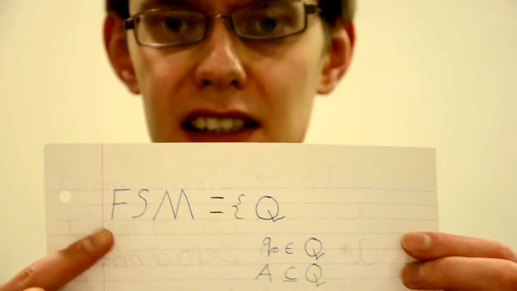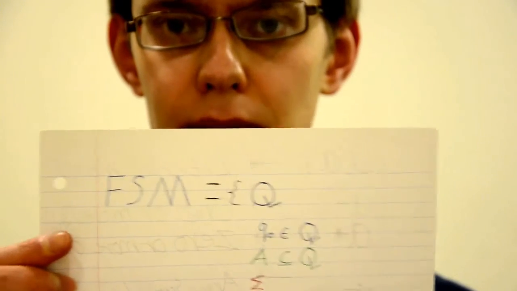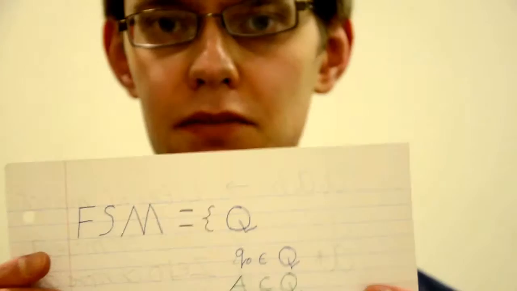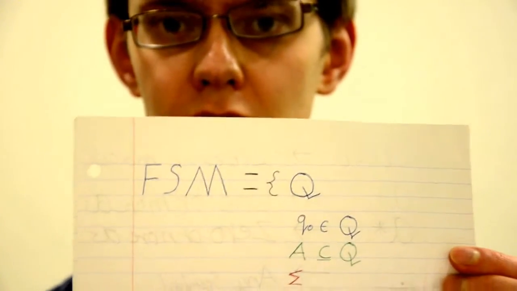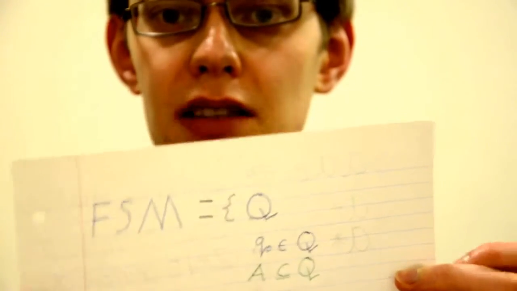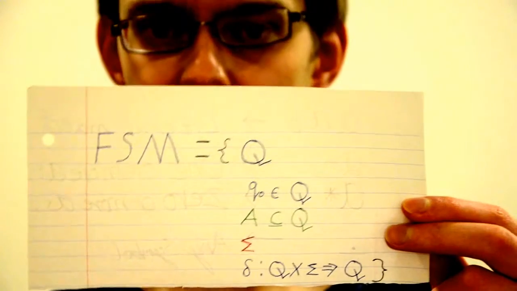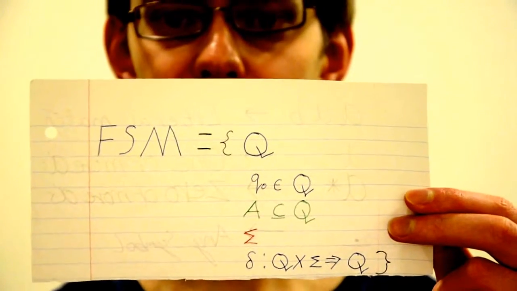Firstly, there is a set of states that the automata can be in, and these will correspond to every state that the automata will move into or try to match as it runs through execution. Then there is an initial state, which is obviously a member of the total states.